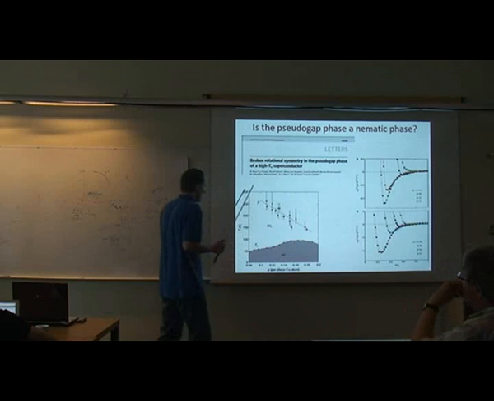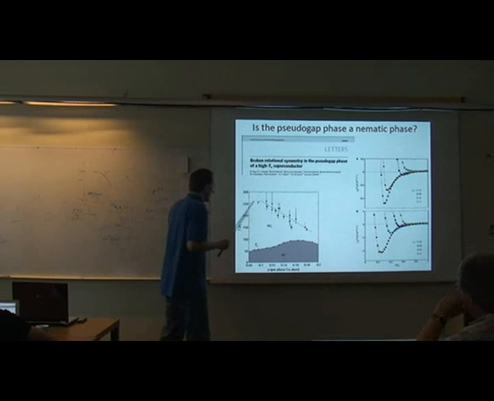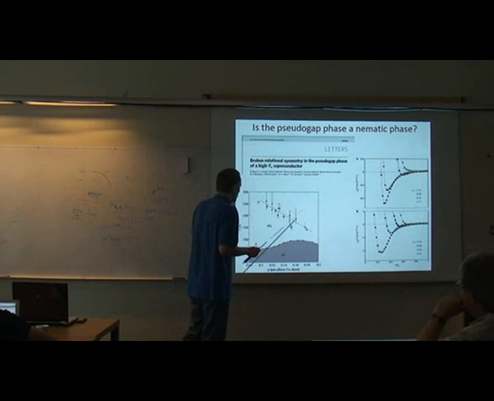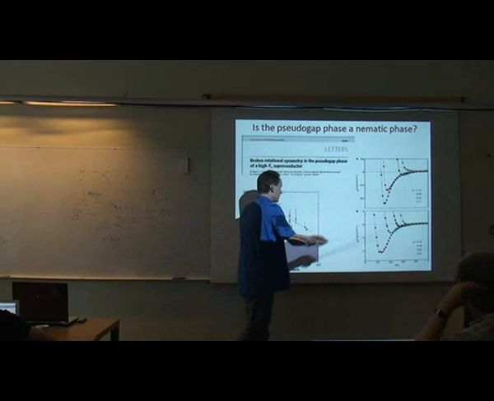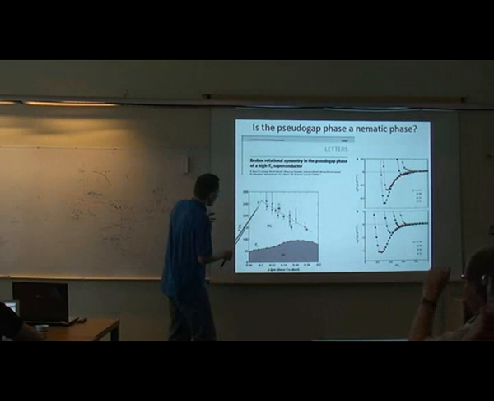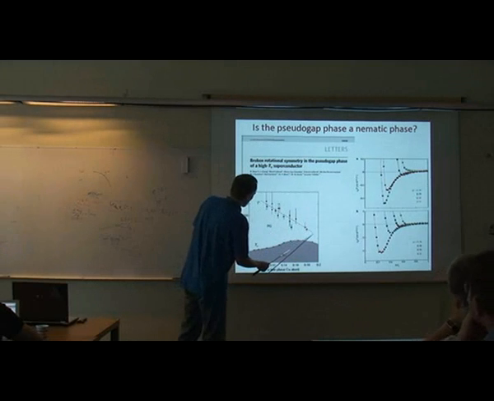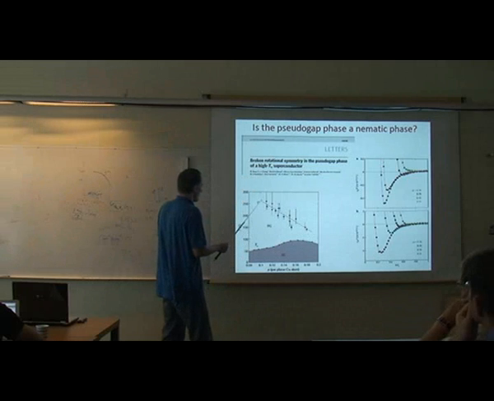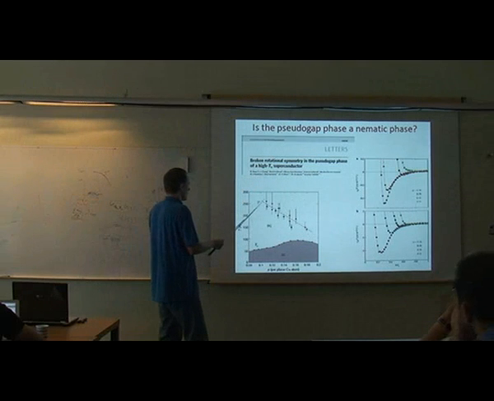Now, more spectacular, even, is the fact that if you take the temperature where this anisotropy sets in and plot it here, so it's these red, green, blue, whatever points, it somehow is nicely interpolated by the T-star line of the pseudogap phase, which is quite another quantity by definition.